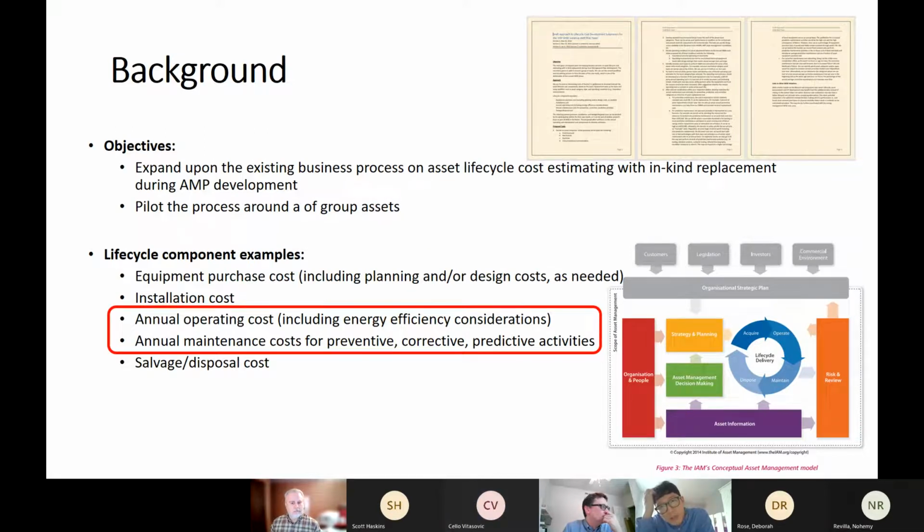So basically, the three-pager that we worked on together is a guideline of our work. It's the top right corner here, and in there we have objective statements as well as the life cycle component examples.